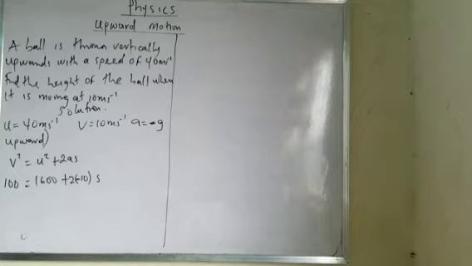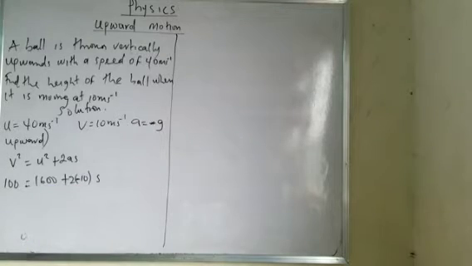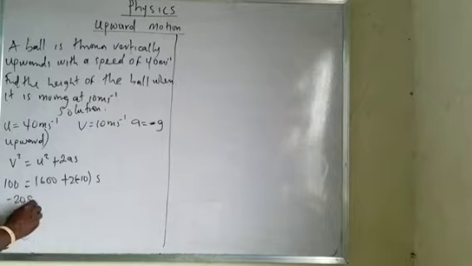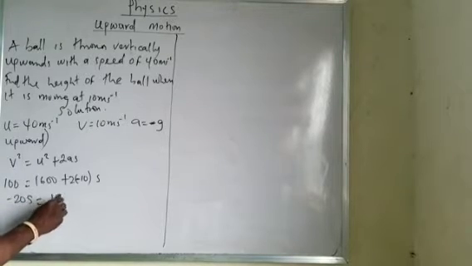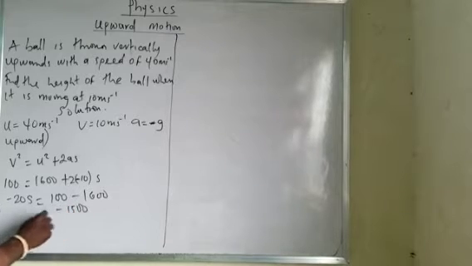Now, since I have it that way, we'll be talking about my distance. I'll have minus 20x equals 100 minus 1600, which is minus 1500 equals minus 20x.